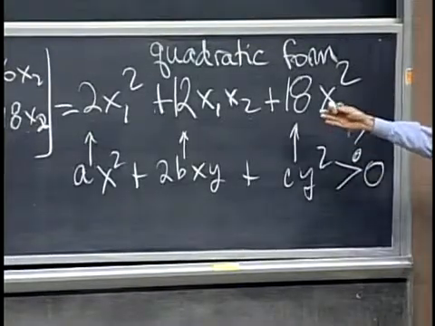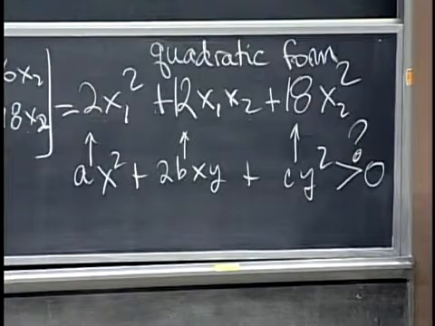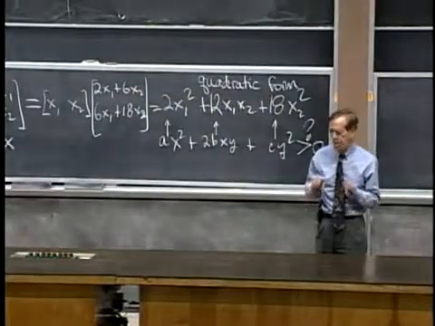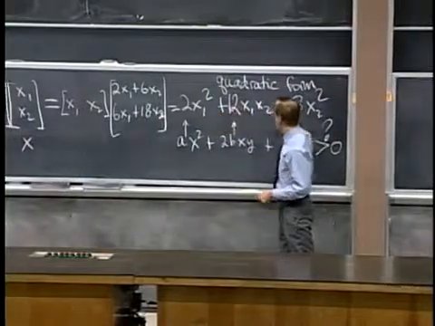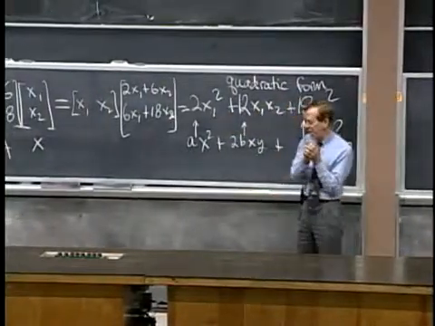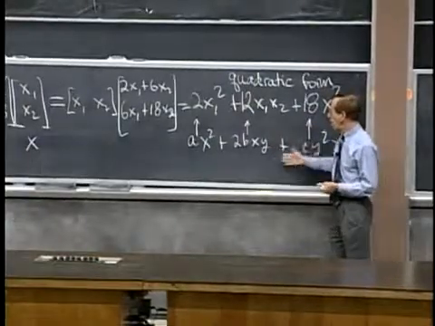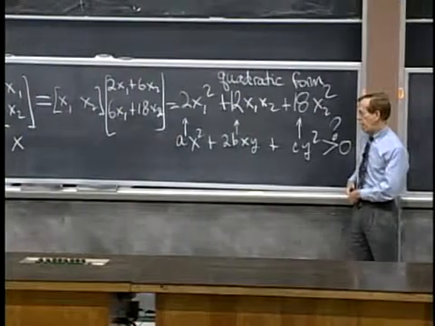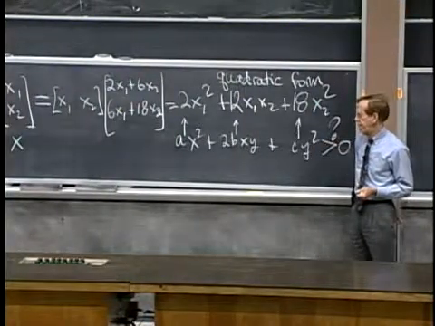That's for every x1 and x2. That is my new definition. That's my definition of a positive definite matrix. If this quantity is positive, if it's positive for all x's and y's, all x1, x2's, then that's the matrix is positive definite.